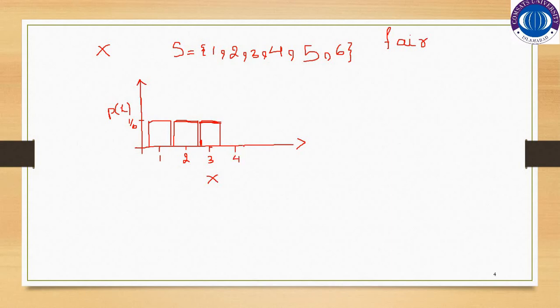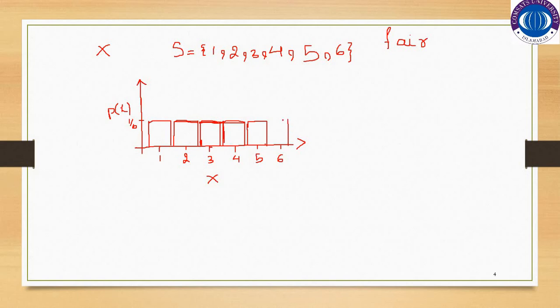As all possible outcomes are equally likely, each outcome has the same chances of occurrence. So next will be 5, and the next will be 6.